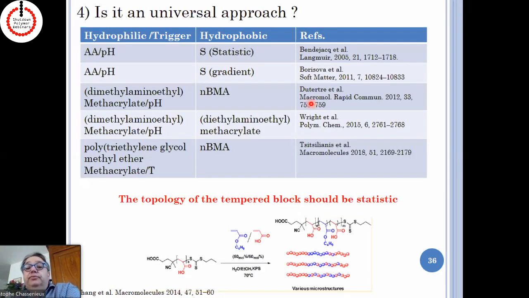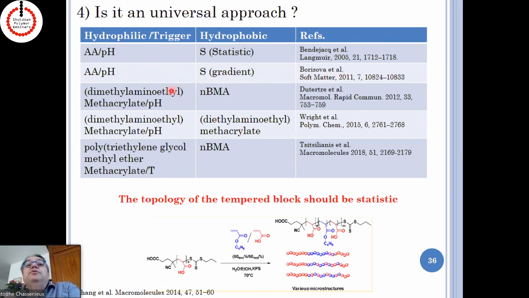So you may say that, yeah, it's nice, thank you, but it only works for acrylic acid. Actually, if you look at the literature, people have been able to design exactly the same system with acrylic acid, but with another hydrophobic block, styrene, in statistical block copolymers or in gradient block copolymers. This is the work of Denis Bendejac in the United States, or the group of Laurent Billon in Pau.